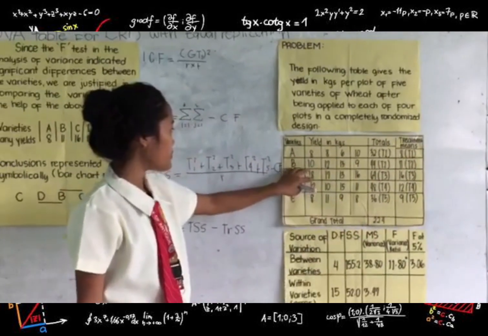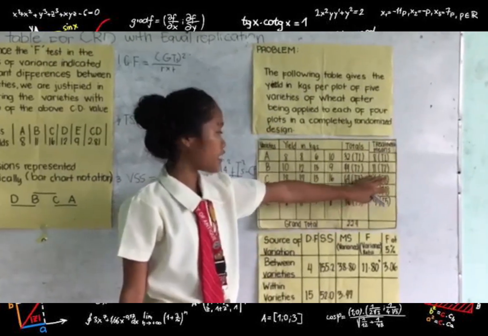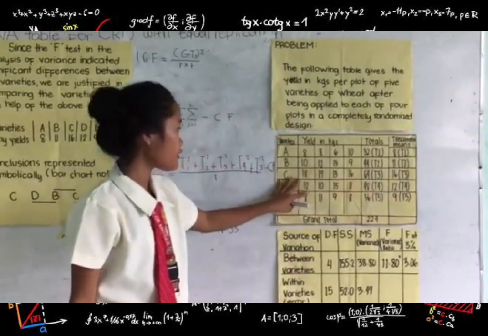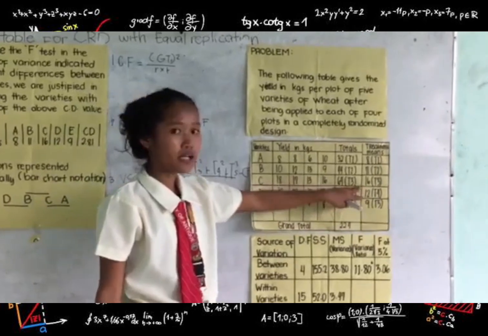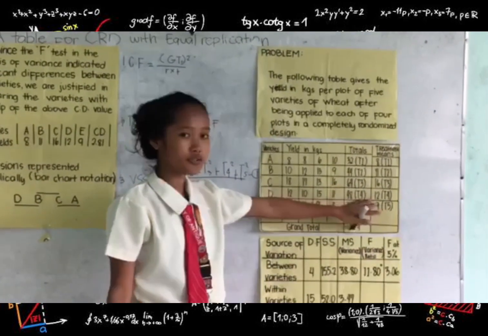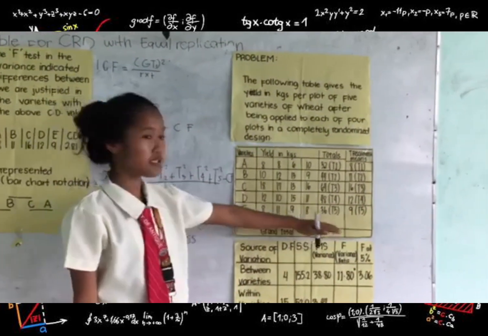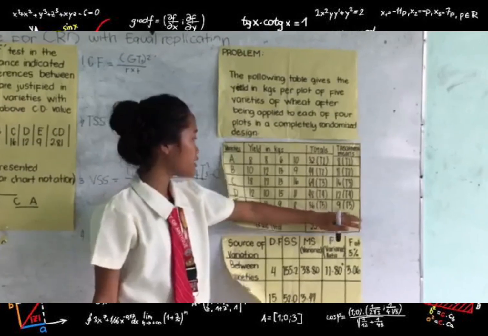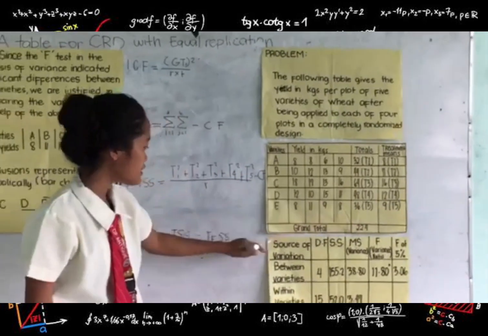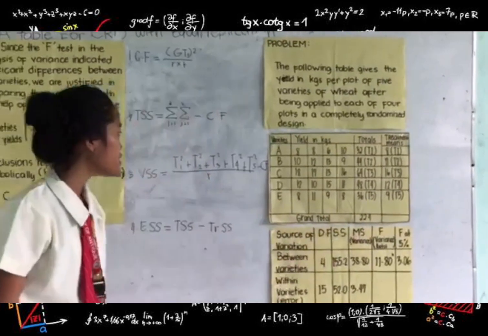For variety B, we have 44 as total and 11 as mean. For C, we have 64 and 16 as mean. For D, we have 48 as total and 12 as mean. For E, we have 36 as total and 9 as mean. For the grand total, we have 244.